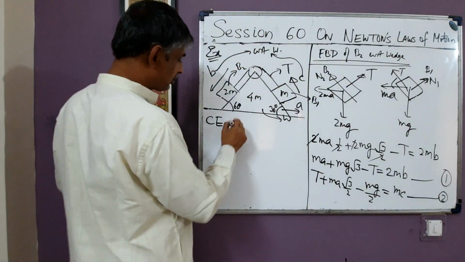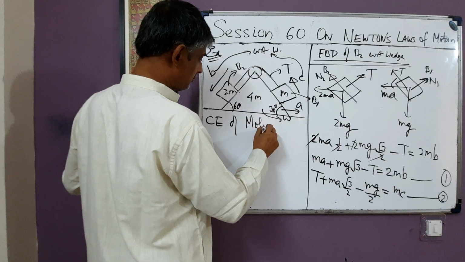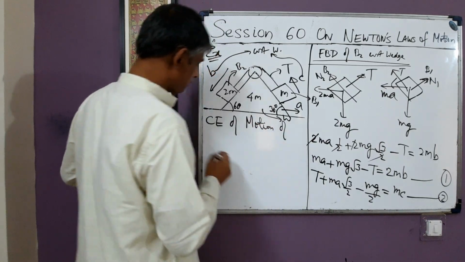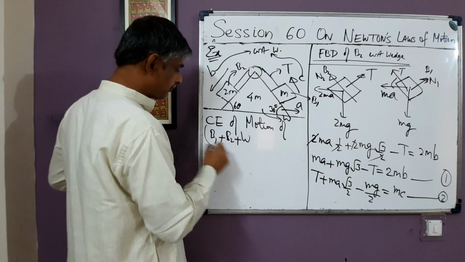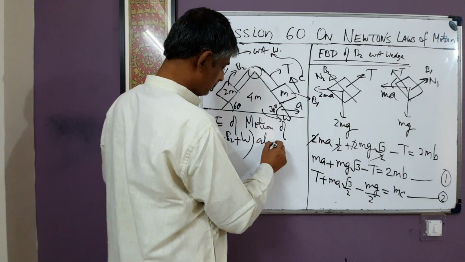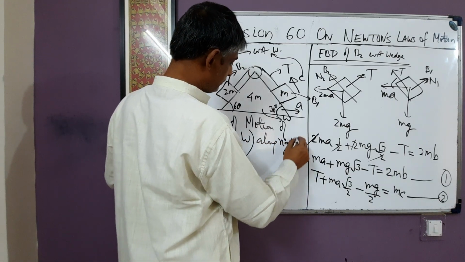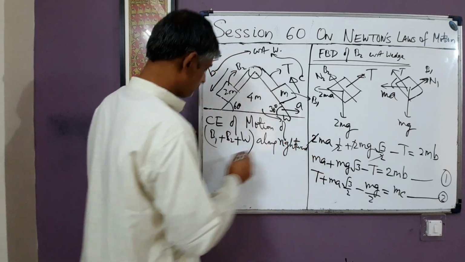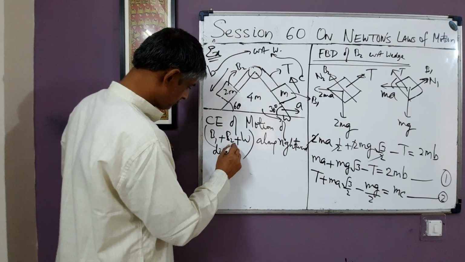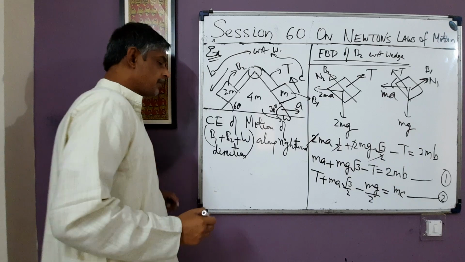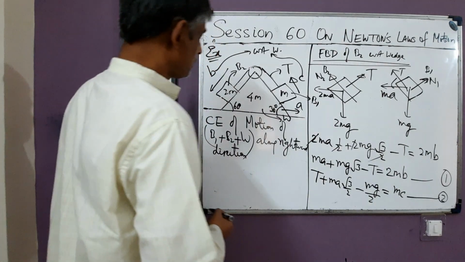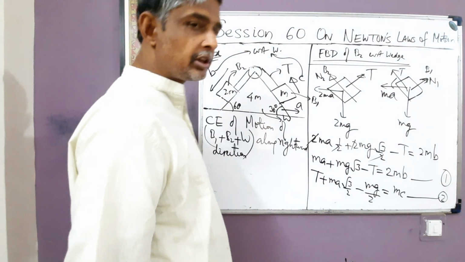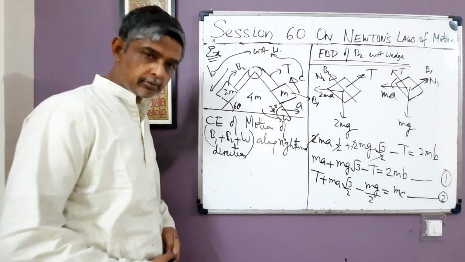So the combined equation of motion of B1 plus B2 plus W along rightward direction.